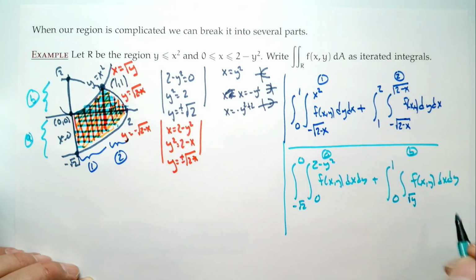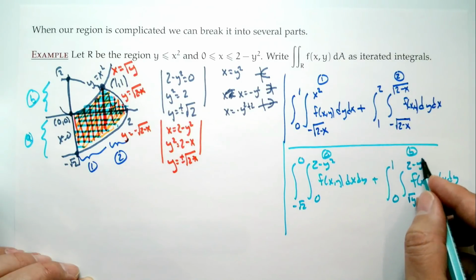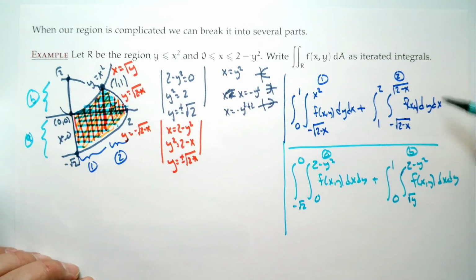And the bound on the right? 2 minus y squared. So these two are the exact same. What we've done is express this region as the sum of two integrals, and we have to break it up into two because of the shape of our region. We have more questions, but we'll have more time next time. So we'll stop here.